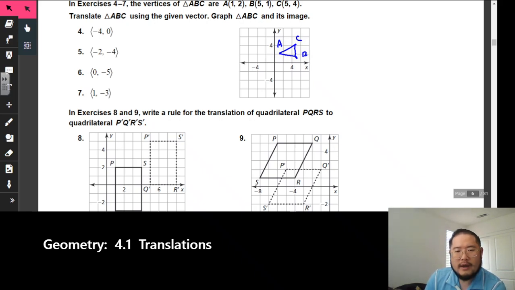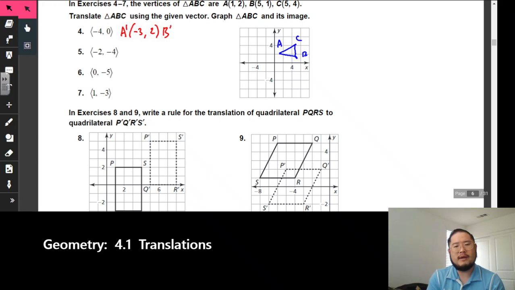So right here with A, it starts off as 1, 2, while A prime, which is the image where it's going to end up, I'm going to take 1 and subtract 4 from it. So 1 minus 4 gets me -3. And then I'll take 2 and add 0, which is going to be 2. So there's A prime.